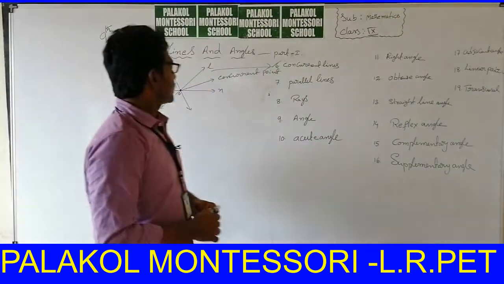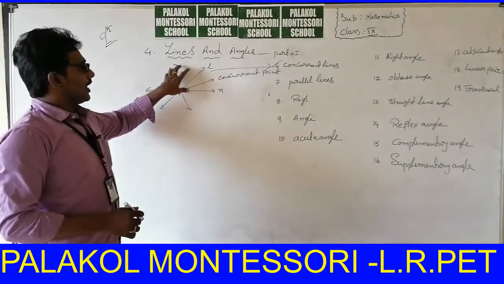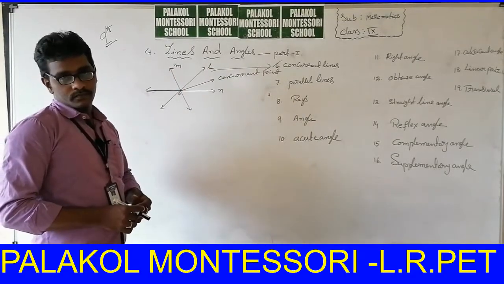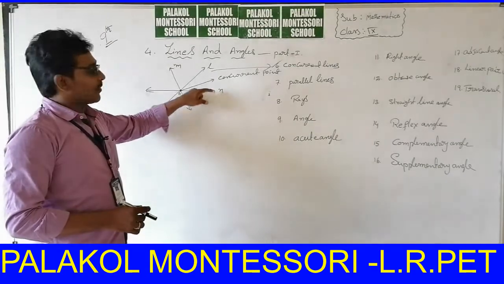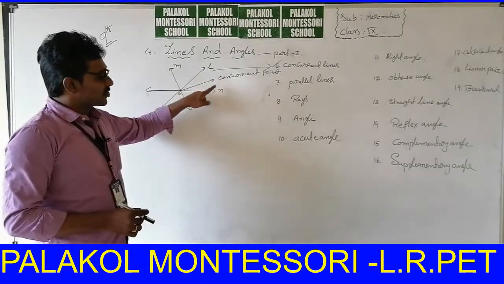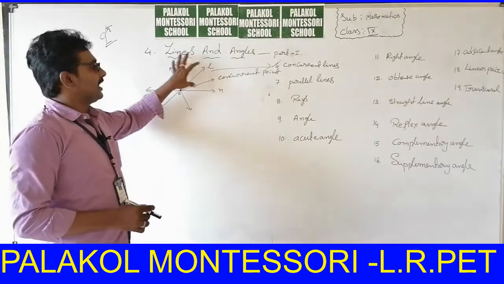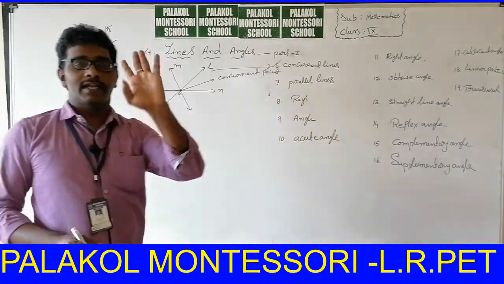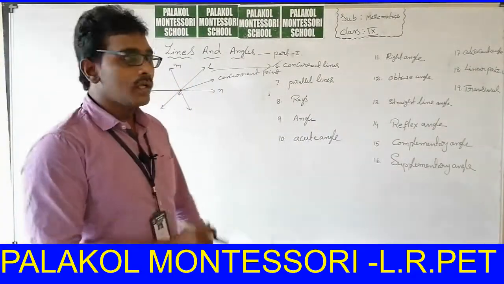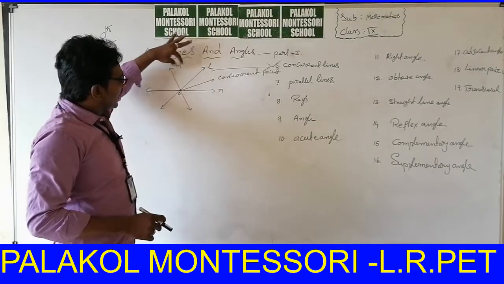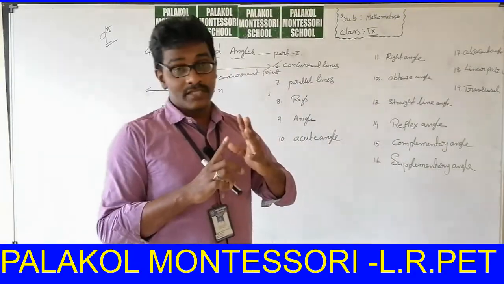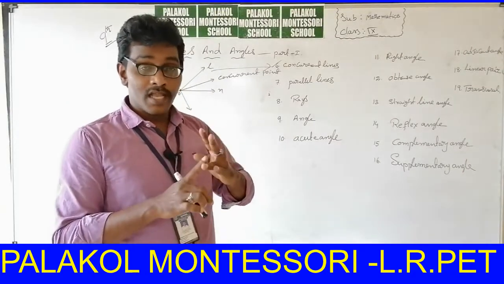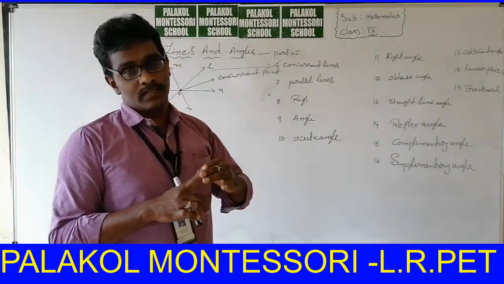How to solve concurrent lines? Guys, suppose these 2 lines are there. The concurrent point must satisfy the third line as well. How to know? Solve these L and M lines using the elimination method, substitution method or cross multiplication method.